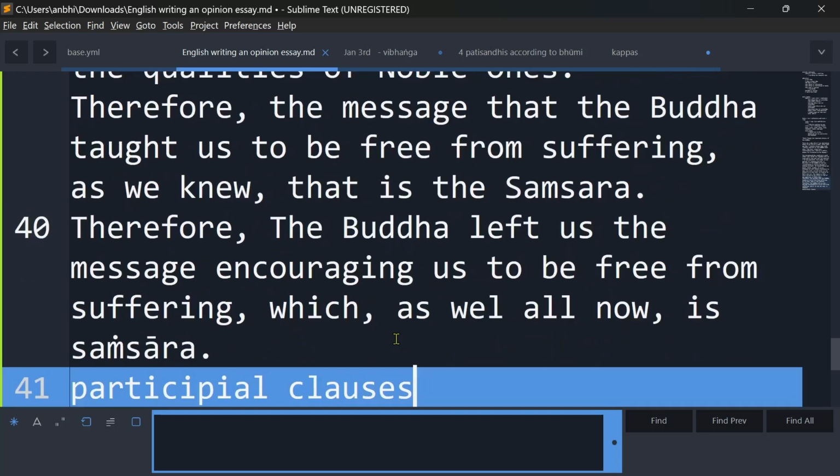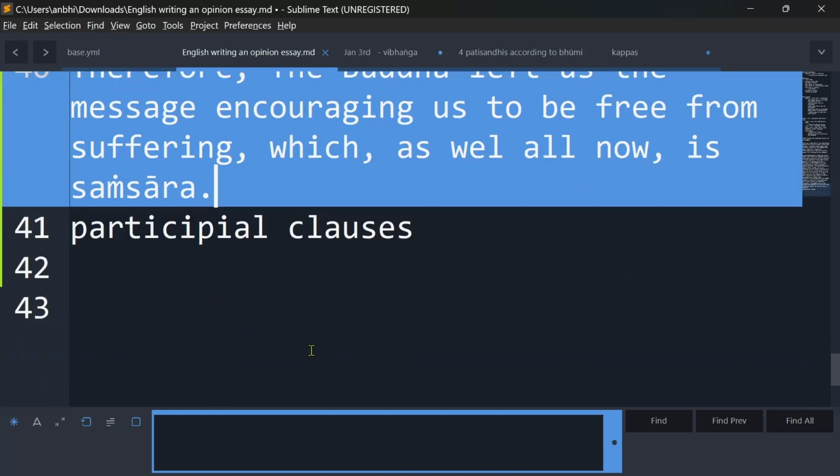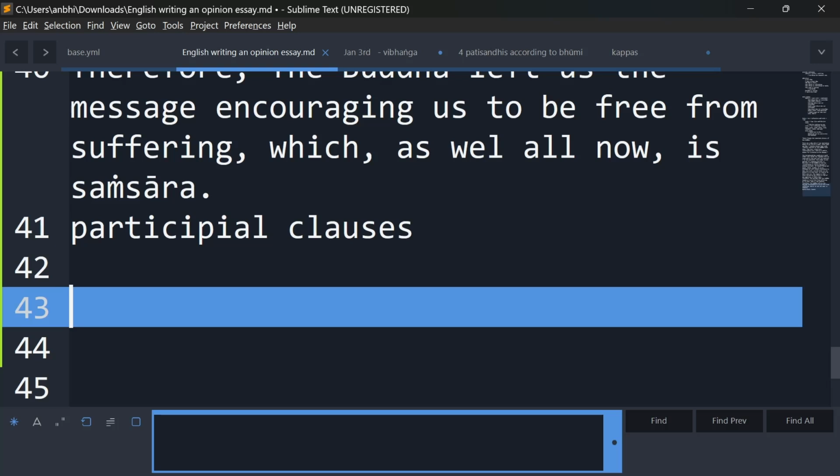Okay. So this was a bit more advanced. Which, as we all know. A little bit advanced. If I talk in Thai, sometimes we talk like this.